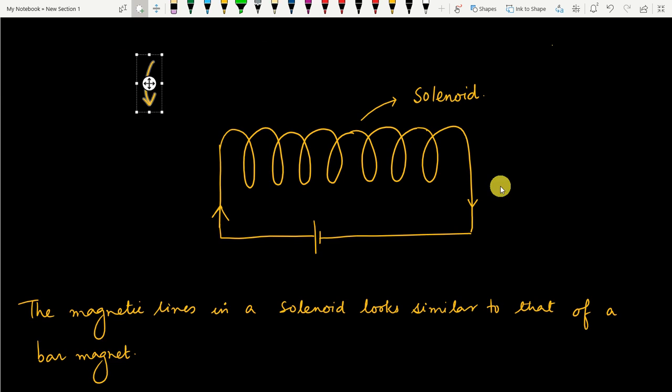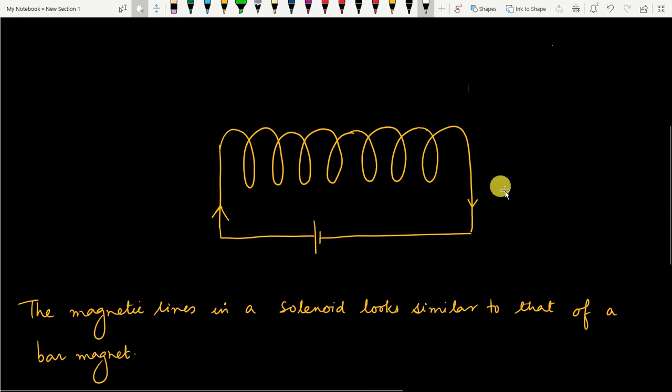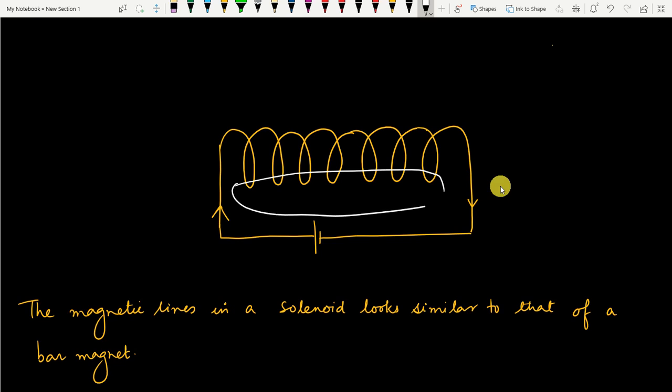We will draw the magnetic lines by seeing the direction of current. Now how do the magnetic lines look like? They look like a bar magnet. You will remember the bar magnet, it's something like this. They are closed loops this way.